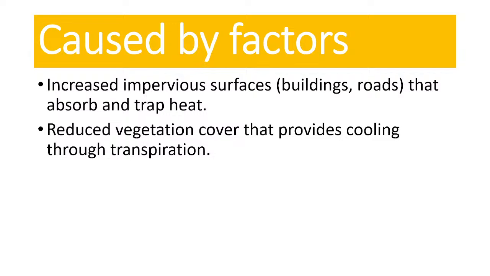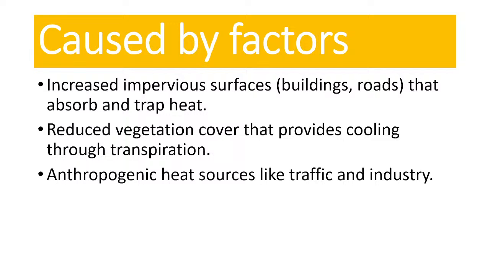In different types of cities, like Dhaka city or other cities, you find very low vegetation cover that provides cooling through transpiration. So this is another big reason for the urban heat island. And also there are a lot of anthropogenic heat sources such as traffic or industries. They also mainly cause an increase in the urban heat island effect.